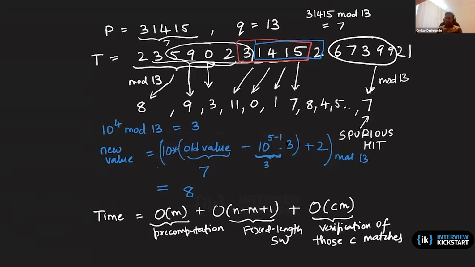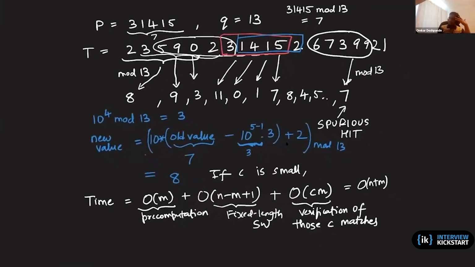So if we can argue that the value of C is going to be small, then overall this whole problem would take linear time. Right? So if C is small, then overall this would take order n plus m time.